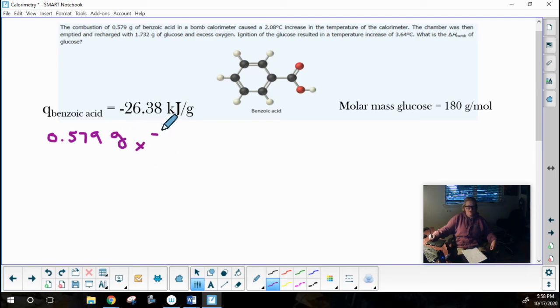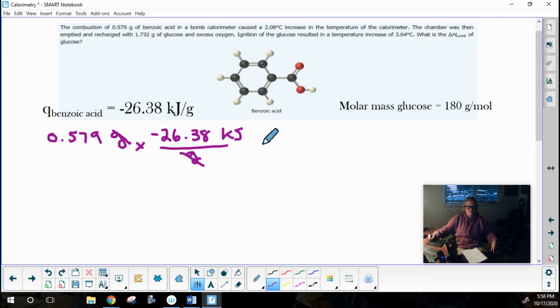And a literature value for benzoic acid is that 26.38 kilojoules of heat is released with every gram. And that's a standard that all calorimetry chemists will use.